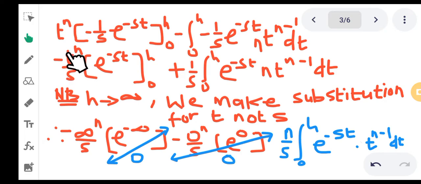Whenever I see t, I'll substitute 0, so I will get 0 exponent n over s, multiplying e exponent 0, and e exponent 0 is 1.